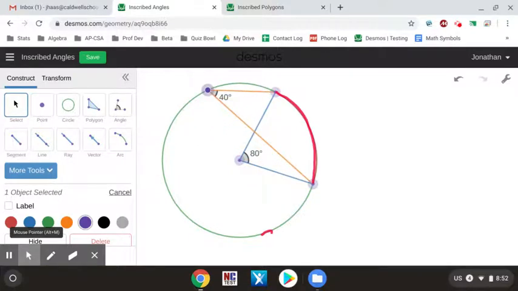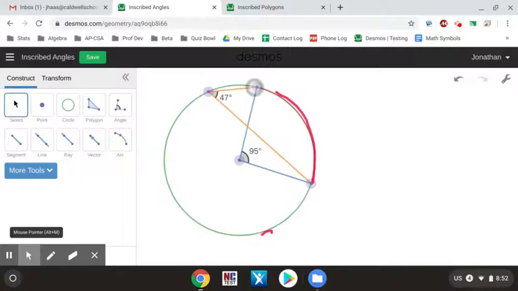Then, of course, it makes no difference also if the size of this angle gets bigger. Like if this angle gets bigger here, you notice the central angle gets bigger as well, and it's always twice as big. So right over here, I have a huge central angle of 160 degrees, and I have that inscribed angle is 80 degrees.